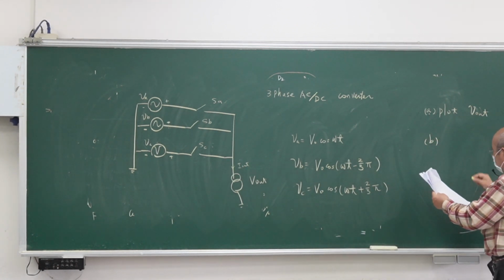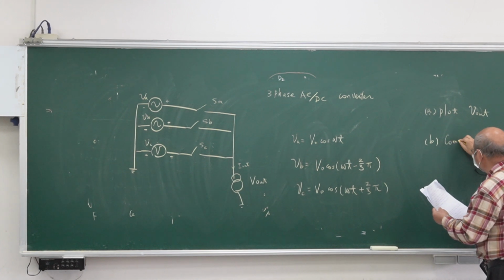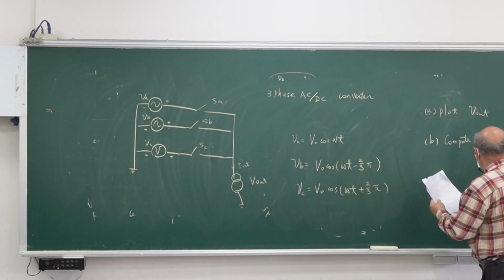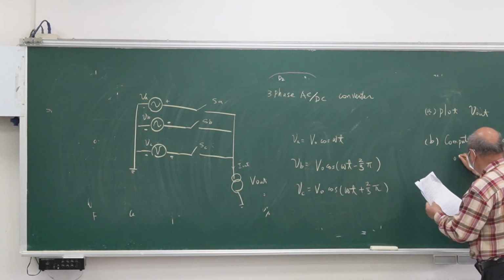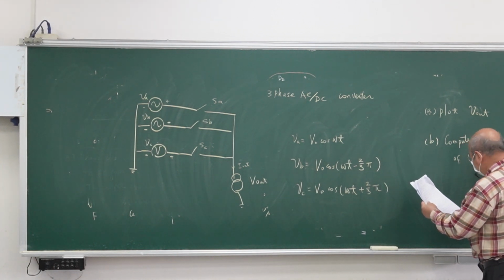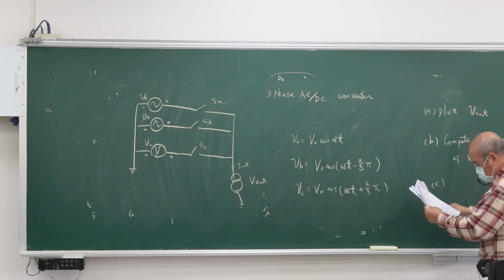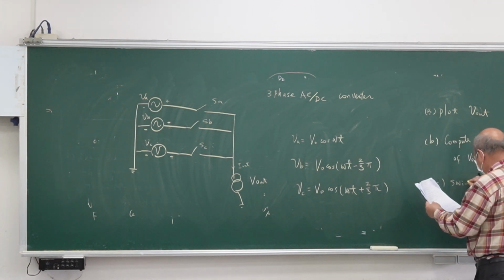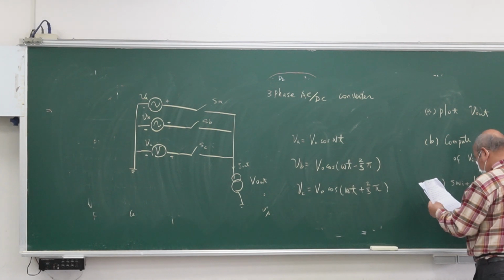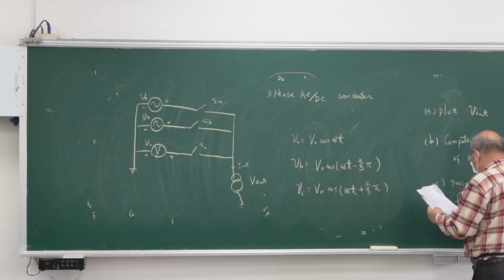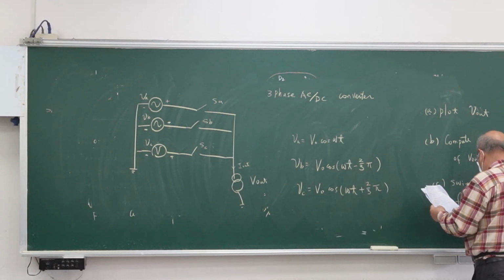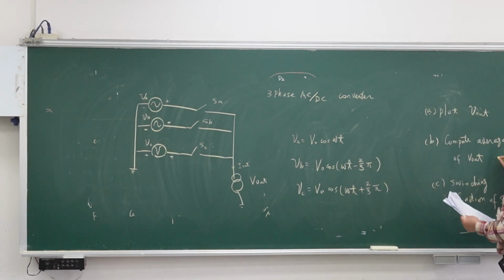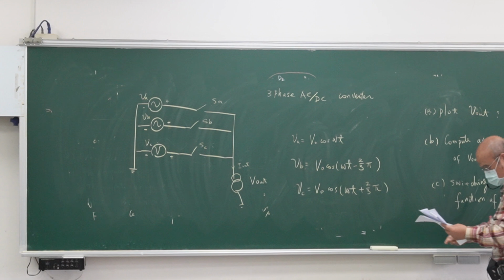B. Compute average of V out. C. Please draw the switching function of S A. So we have 3 metrics.